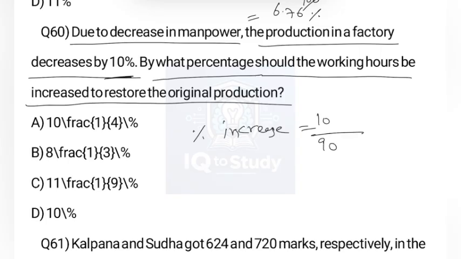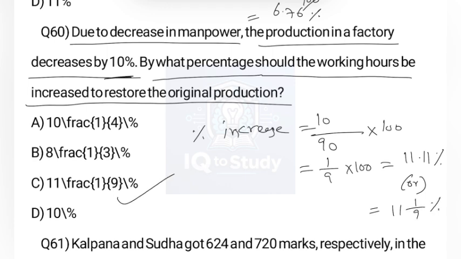So here, to restore, the percentage increase is 10 by 90 into 100, which is equal to 1 by 9 into 100, that is 11.11%, or it can also be written as 11 1 by 9%.